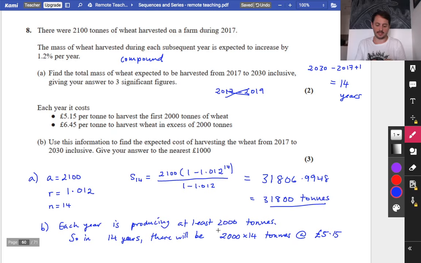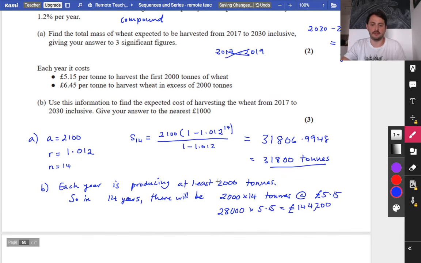That means that there is 28,000 tonnes, which are at the cheaper cost of £5.15. And let's multiply that by £5.15. You get that the cost of that bit is £144,200.